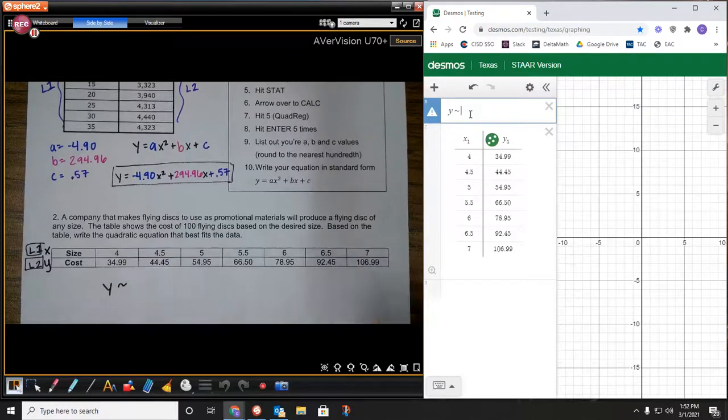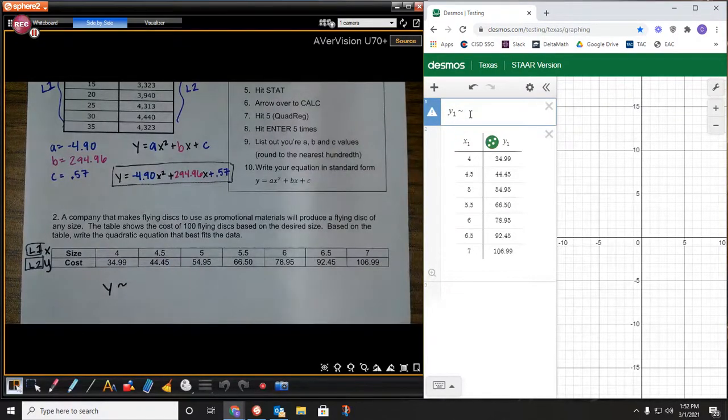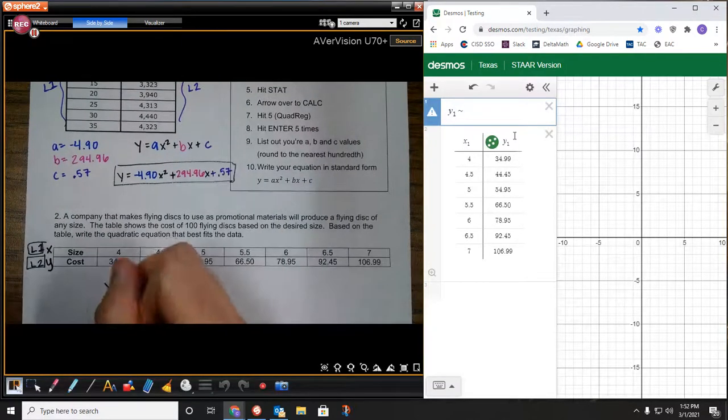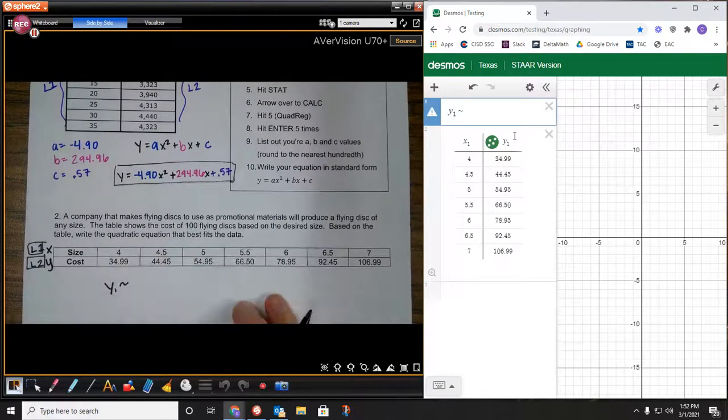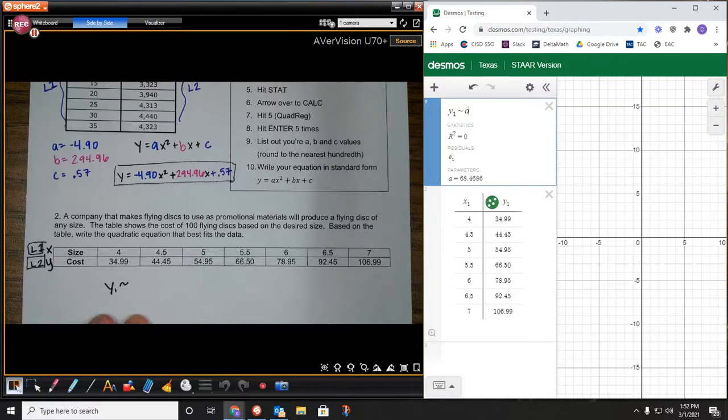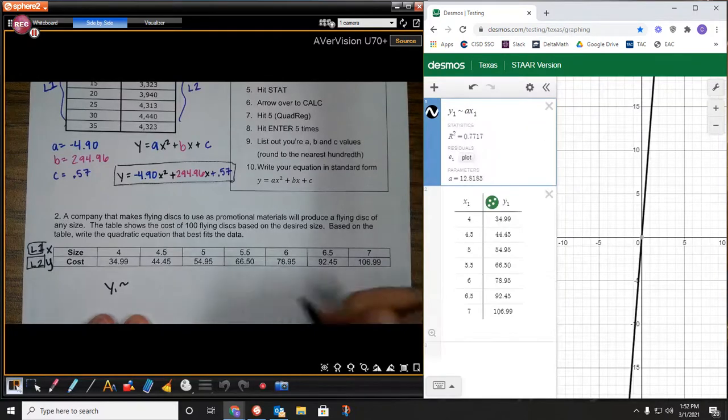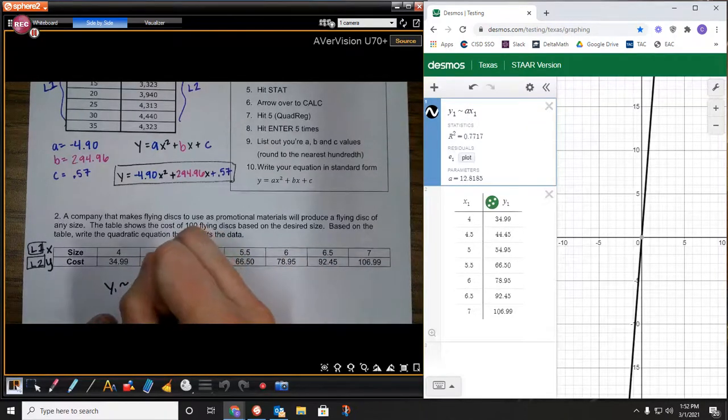And we're actually going to say, instead of just y, y sub 1, because we want to do everything that's in this y sub 1 graph. So we're going to say y sub 1, then tilde, and then we can say a x sub 1, and all you have to do is type in the letter 1, and it pops it down.